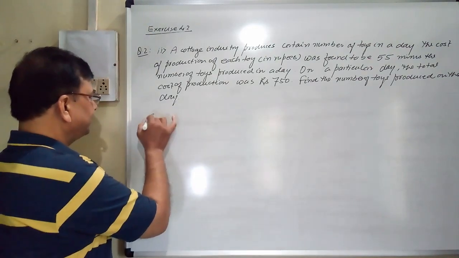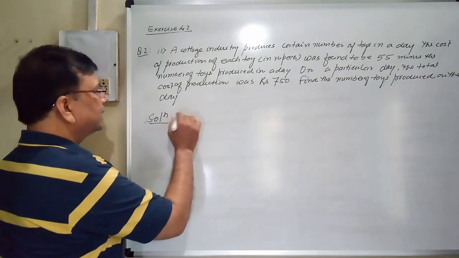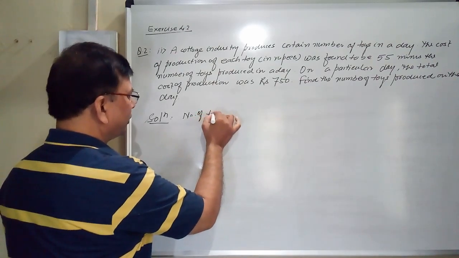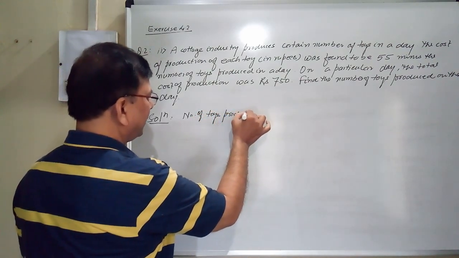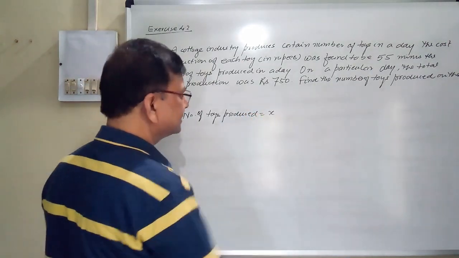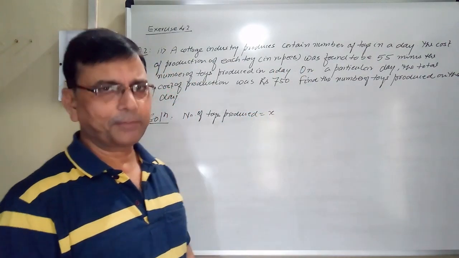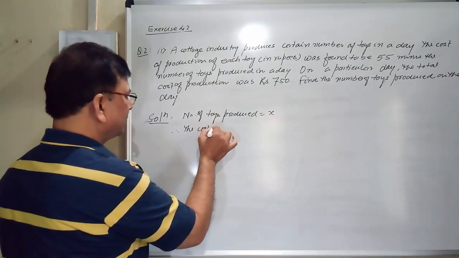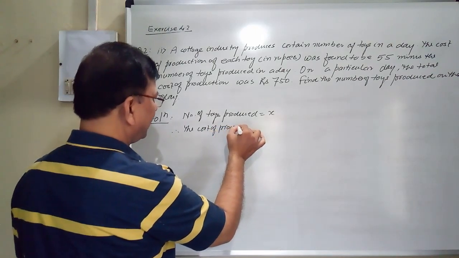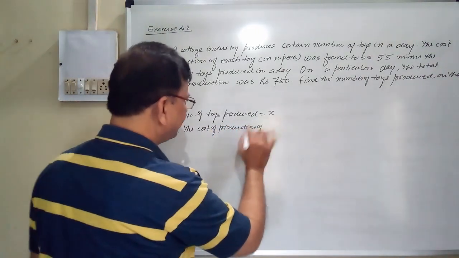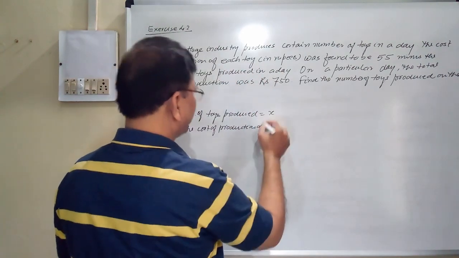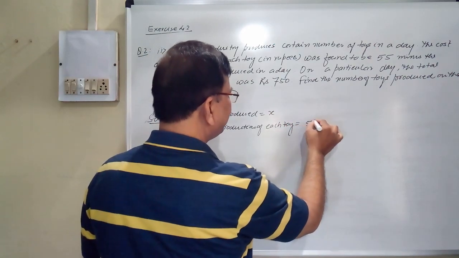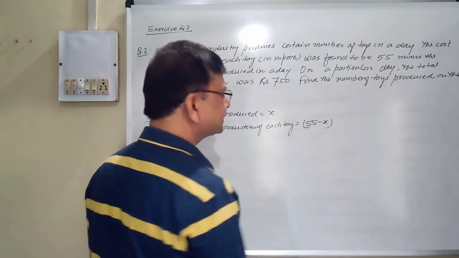So I will proceed in a similar manner. Number of toys produced is equal to x. Suppose x number of toys are produced on a particular day. Then, therefore, the cost of production of one toy, each toy, is equal to 55 minus x rupees, right?